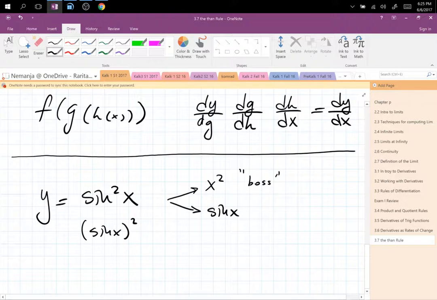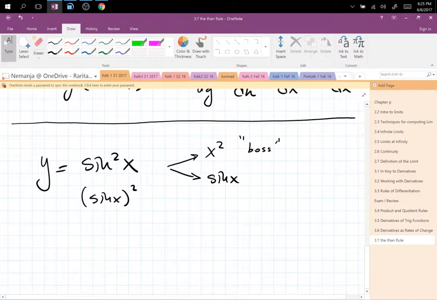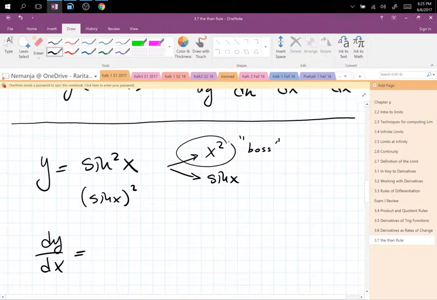So now if I want to find the derivative, I will take the derivative of the outer function first, but I have to have sine x plugged in. So the derivative of sine squared x is 2 sine x.